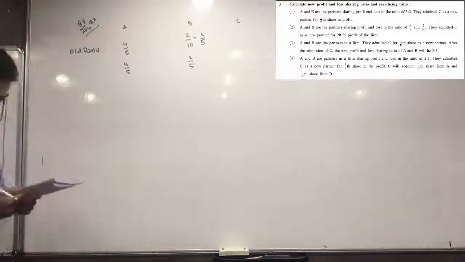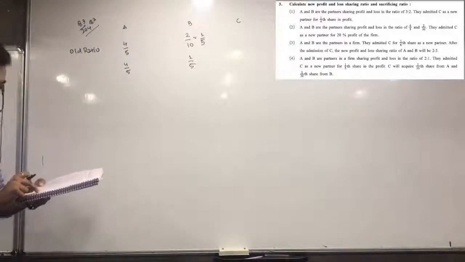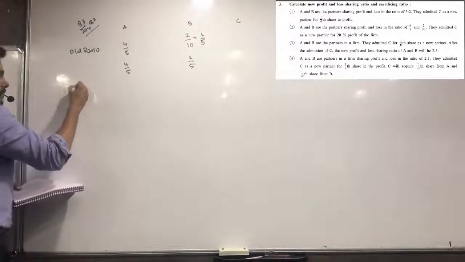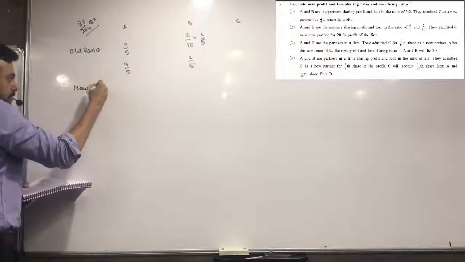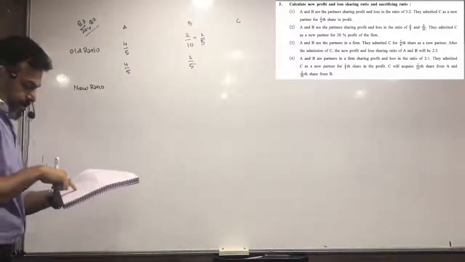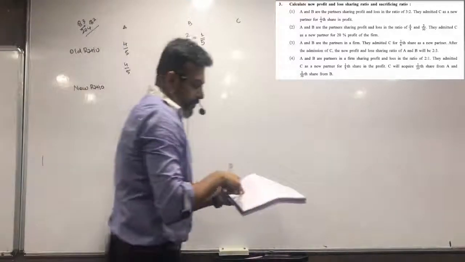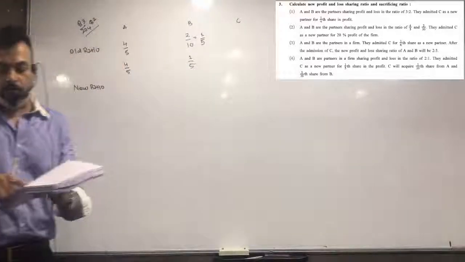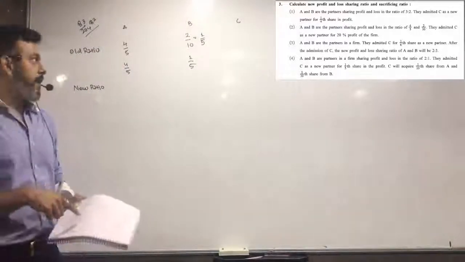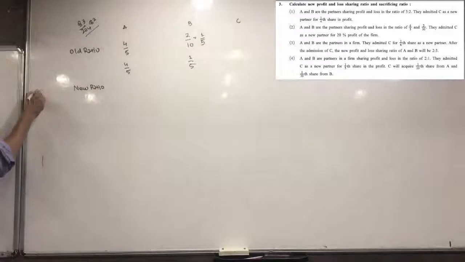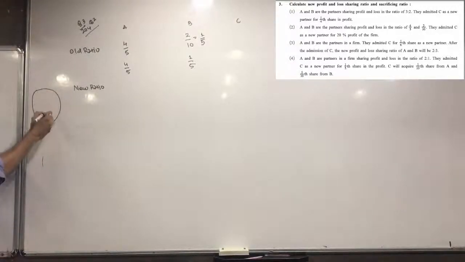Okay. Now they admitted C. Now new ratio we have to find out because they admitted C as a new partner for 20% profit of the firm. यानी say for example this is the old arrangement.